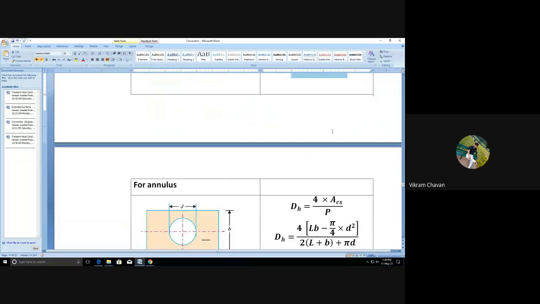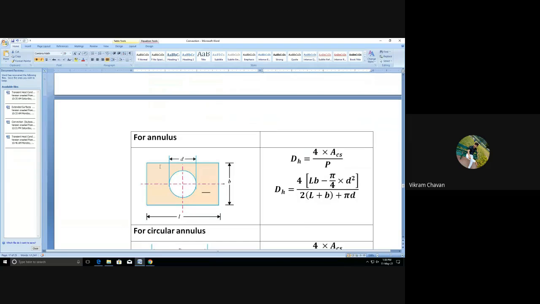Now if you consider the annulus, that is nothing but a rectangular duct is there and a circular duct is placed inside that particular rectangular duct. So in that case, how to determine the characteristic length or the hydraulic diameter? We know the cross section area of the rectangular duct as L into B, from which we subtract the cross section area of the circular duct as pi by 4 d square.